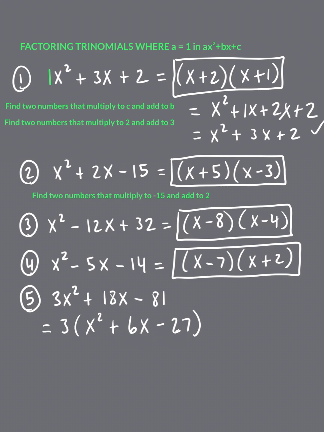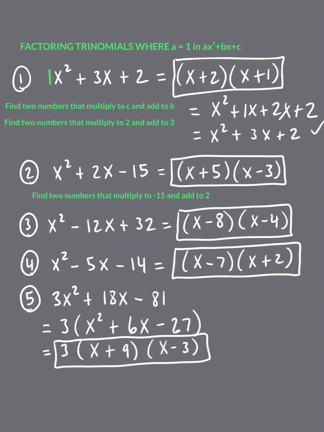So what are those two numbers? Positive 9 and negative 3. So those are the numbers that will go in our factors, x plus 9 times x minus 3. And that is our fully factored form with that original 3 on the outside.